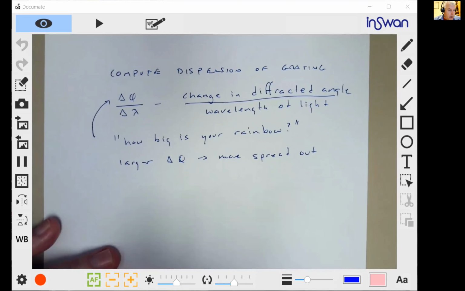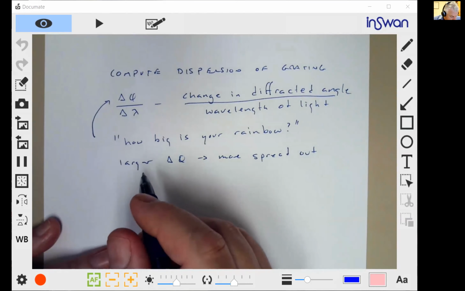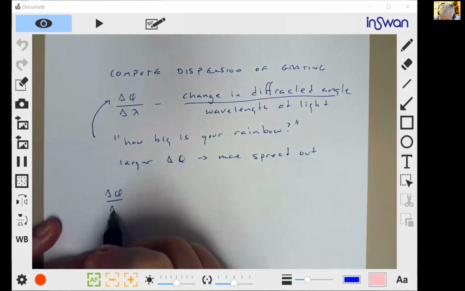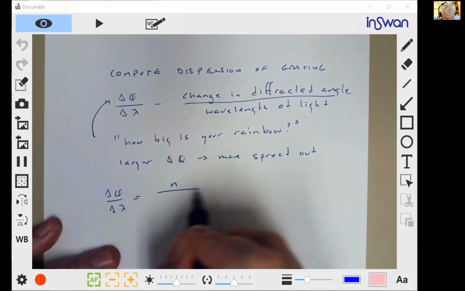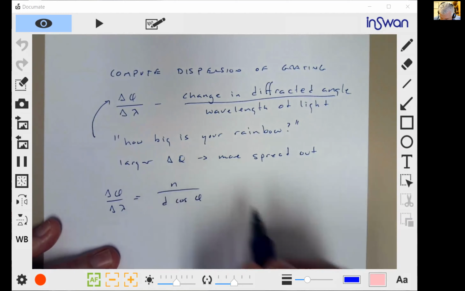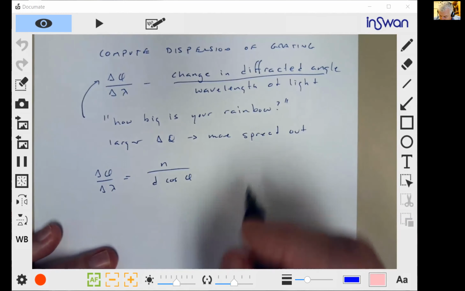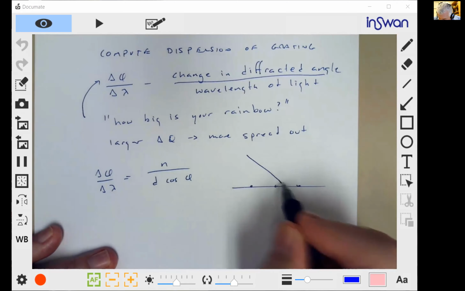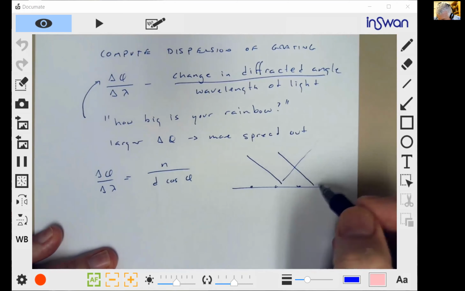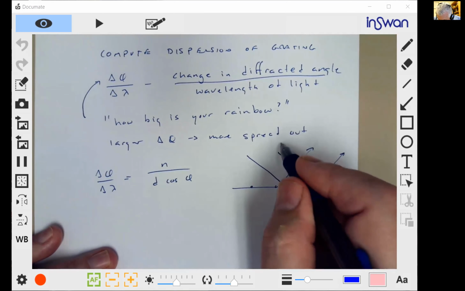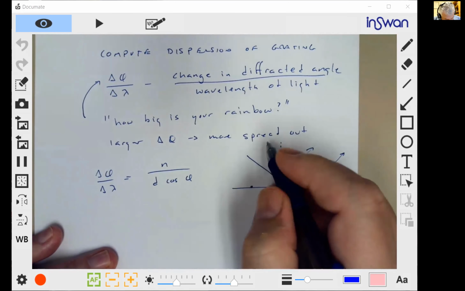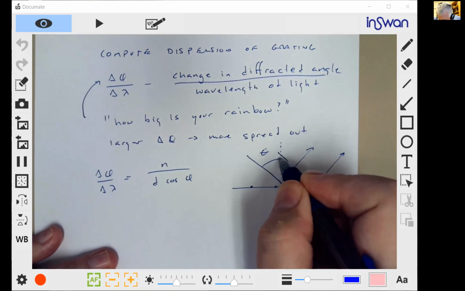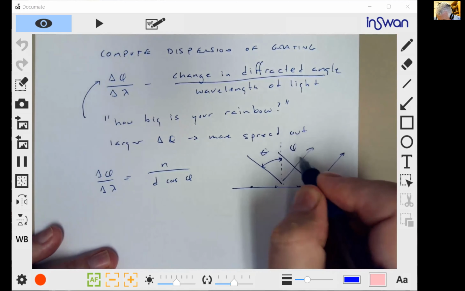So in order to do this one, we have to look at delta phi over delta lambda, and that is simply equal to n over d cosine phi. In this case, if you have a grating, then there is an angle with respect to the normal of theta, which is this one, and a new angle phi.